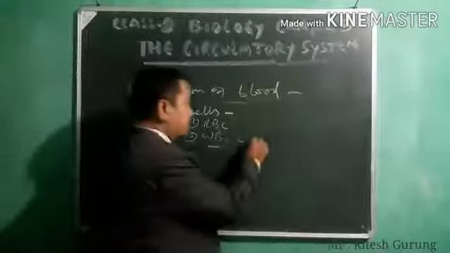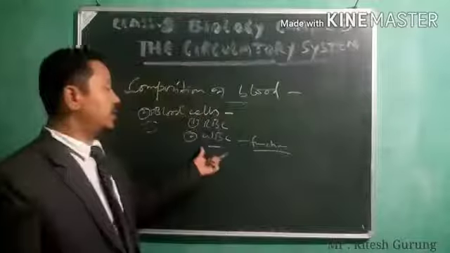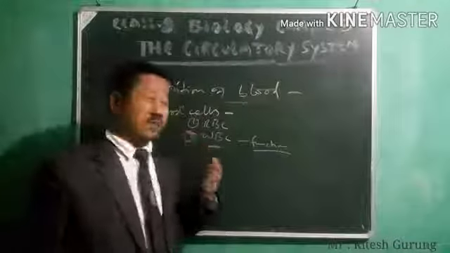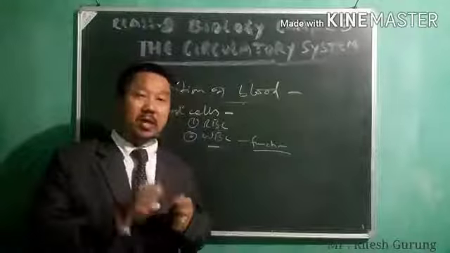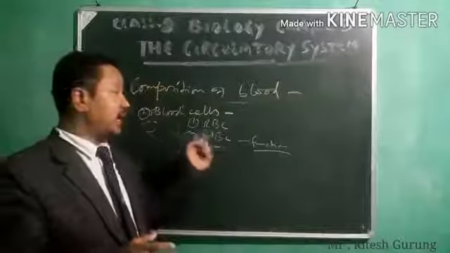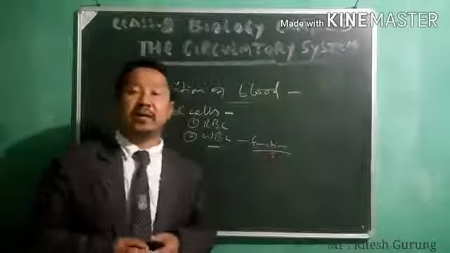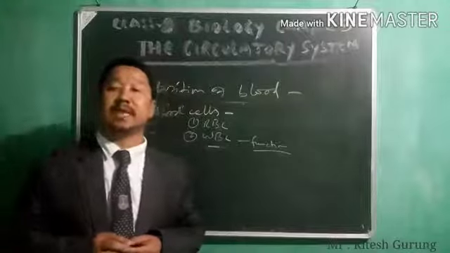And the main function of WBC: the shape of WBC is almost oval. It's an oval shaped cell, and its function is to defend the body from different kinds of diseases.